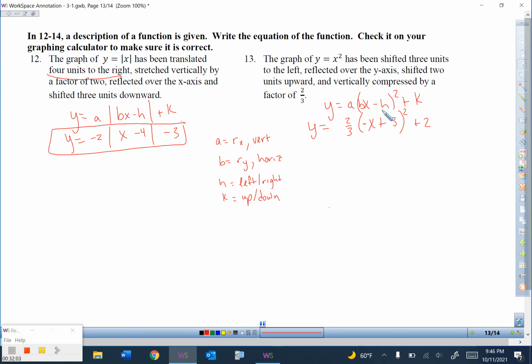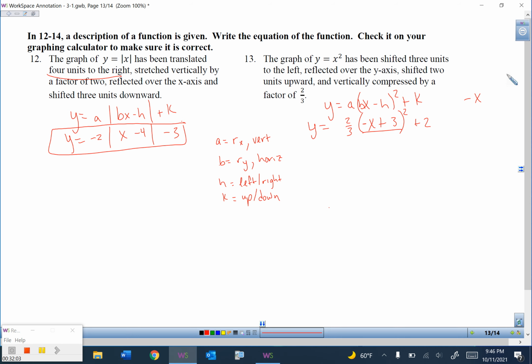And I told you if there's a b value and h value, you have to be careful. It didn't say horizontal something, but it did have a reflection over the y-axis, which means we want to double check this. And we're going to do it the same way we did it when we were going the other direction.